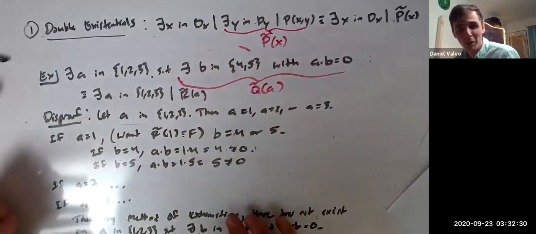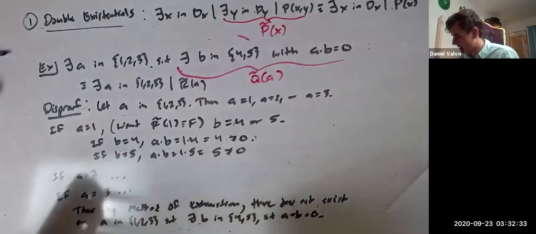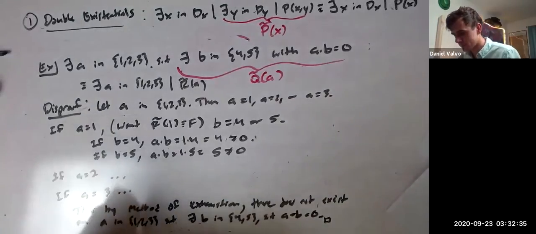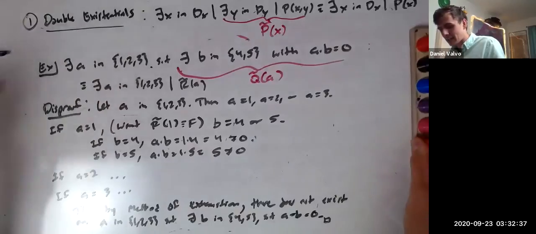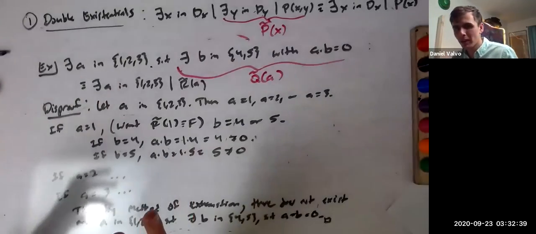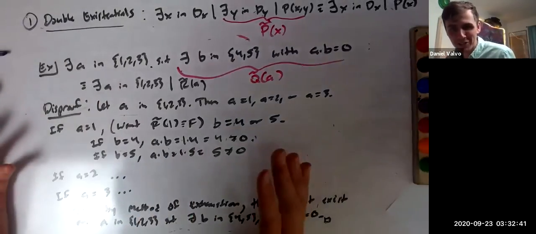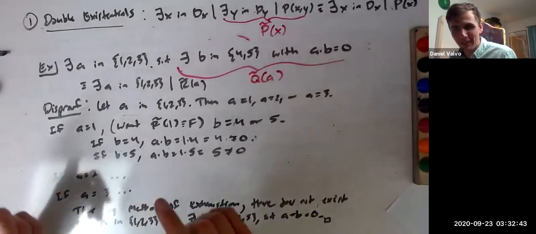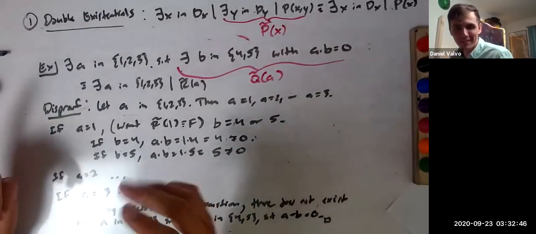How do we know? Because we checked them all. So again, exact same thing. All we did here is really just disprove an existential statement where the predicate happened to be another existential statement. That's fine.